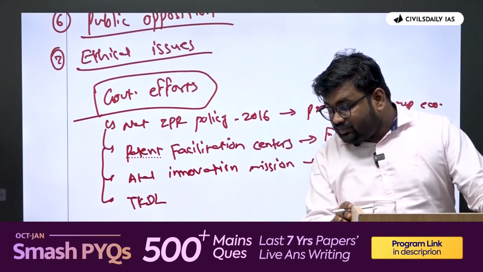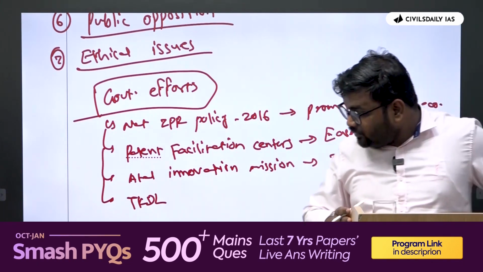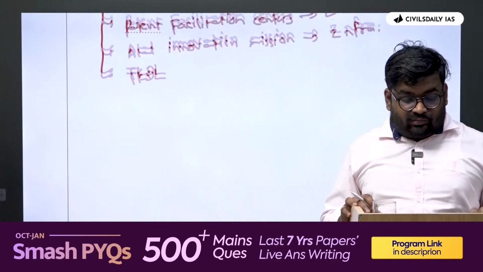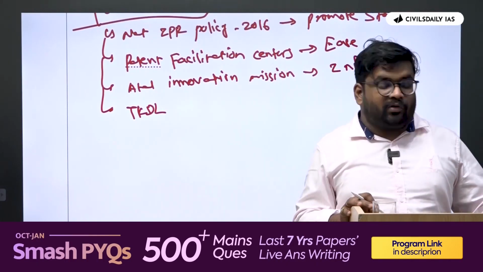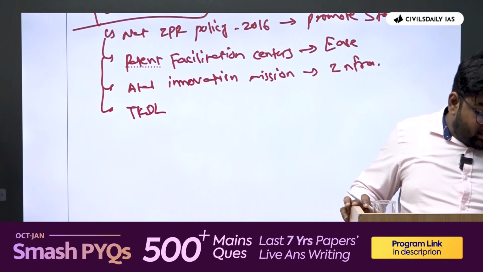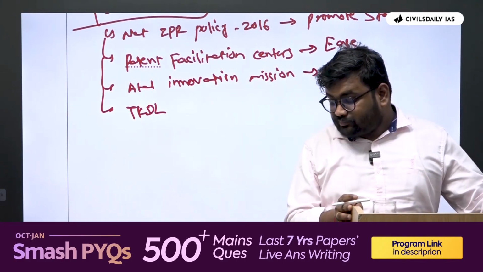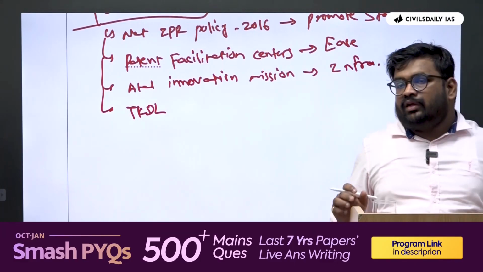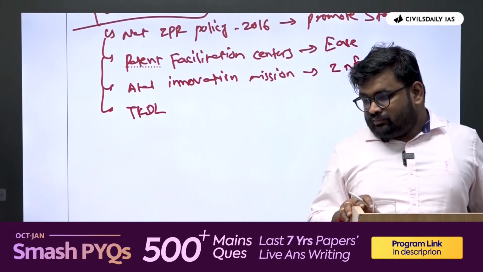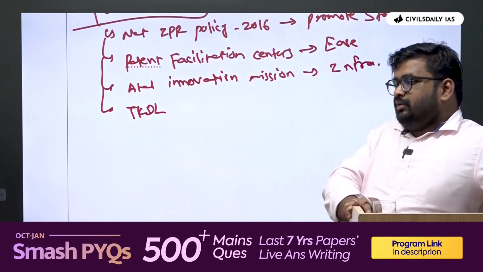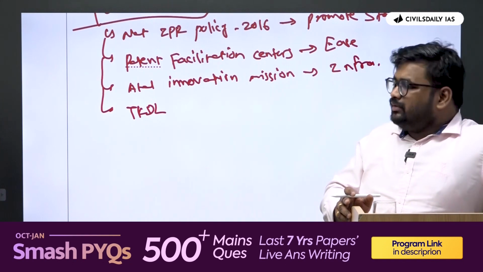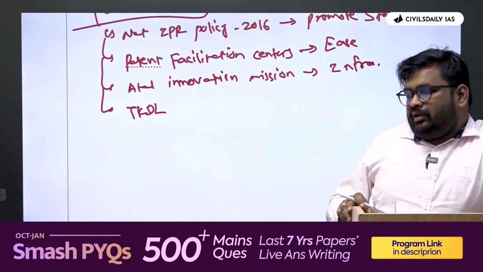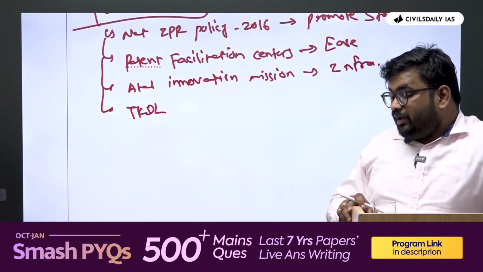Yes, incubation center in Telangana also, yes. GI tag also, yes, very good. GI tag also you can mention. And then the conclusion. Traditional knowledge depository, traditional knowledge digital library. Okay, and then in conclusion you simply mention strengthening the IPR regime is imperative for, yes, that also you can mention, Viksit Bharat and knowledge economy by 2047.